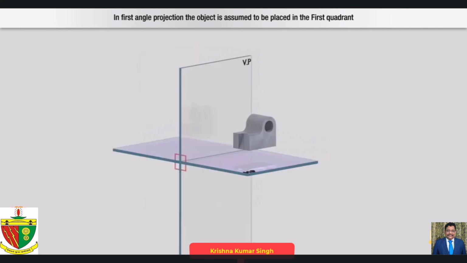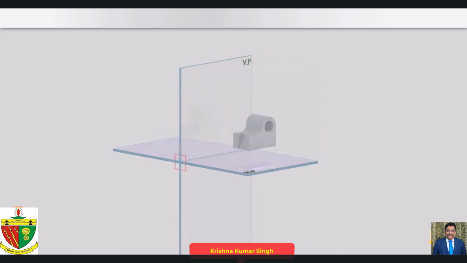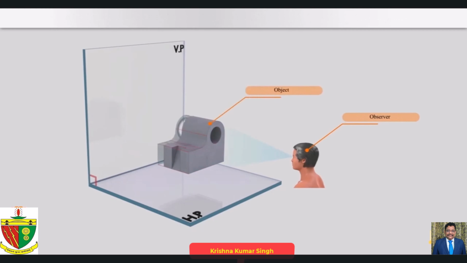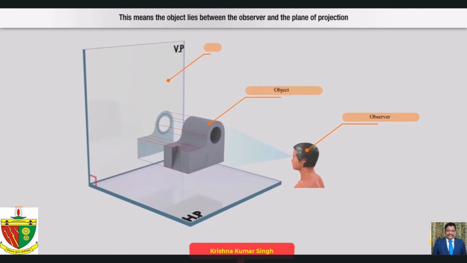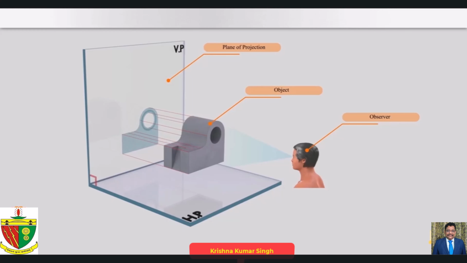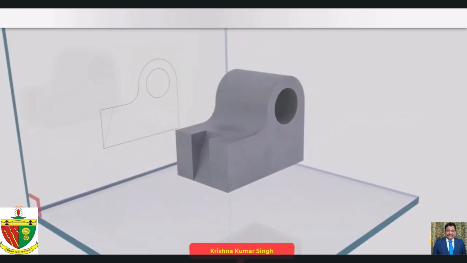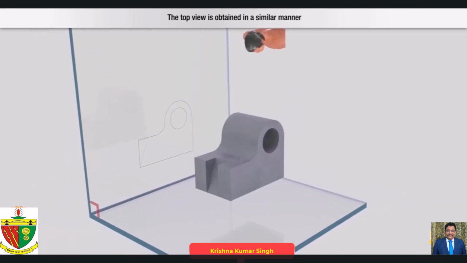In first angle projection, the object is assumed to be placed in the first quadrant, and each view is shown as if the viewer is looking through the object and projecting the image on the other side. This means the object lies between the observer and the plane of projection. The top view is obtained in a similar manner.